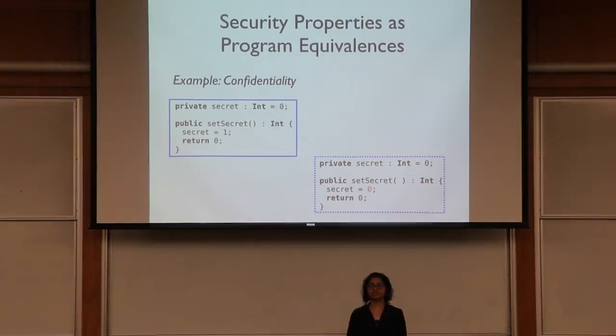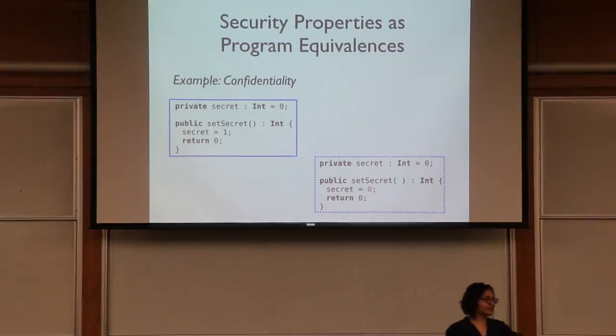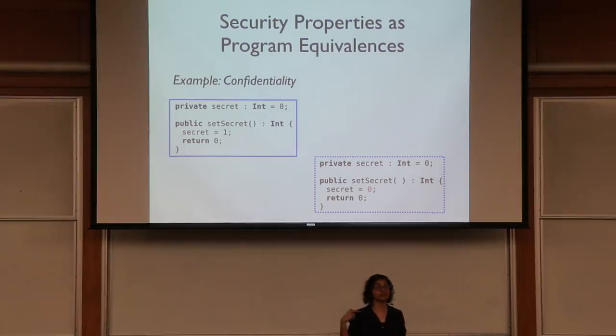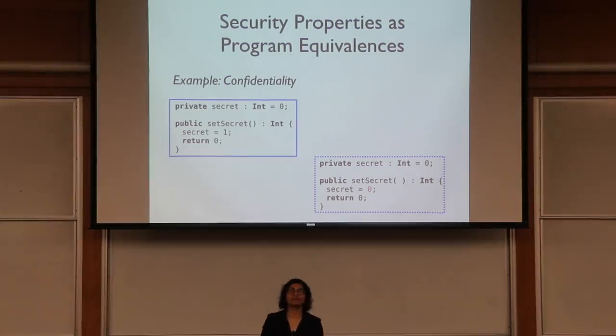In general we would express it with non-interference, but for this little example, confidentiality holds if these two pieces of code are equivalent. I'm trying to give you a sense that confidentiality is captured through a notion of equivalence in the source language, okay?